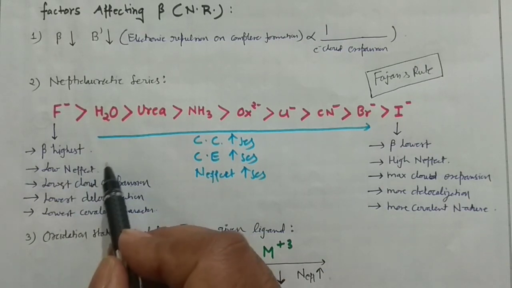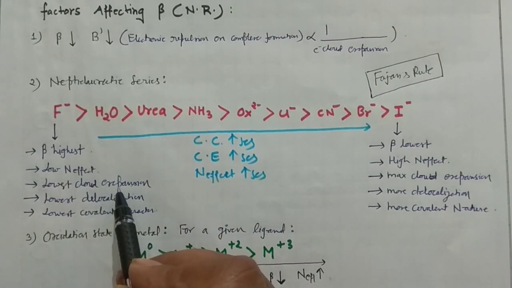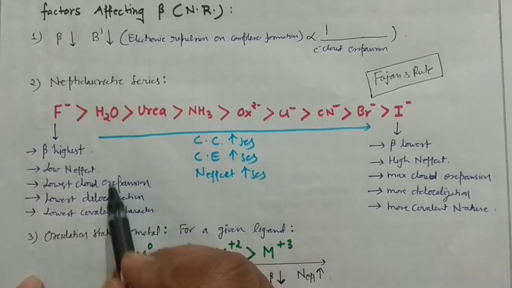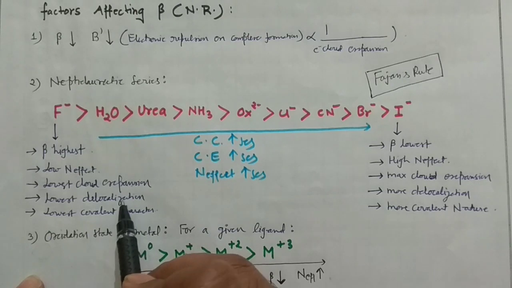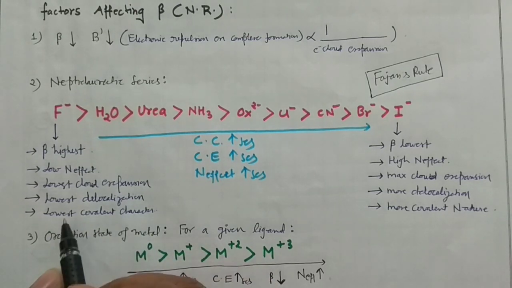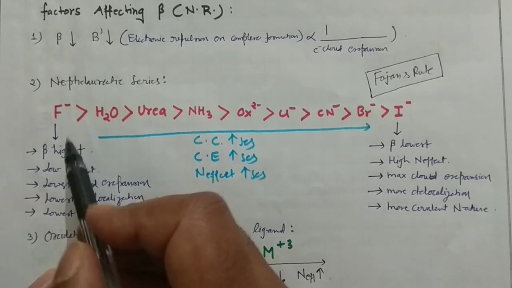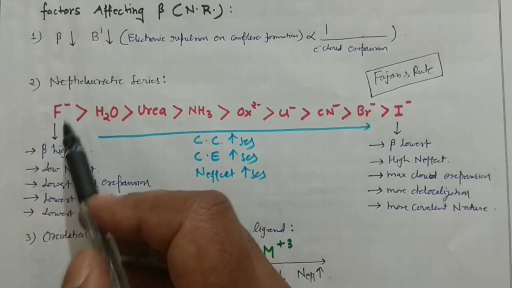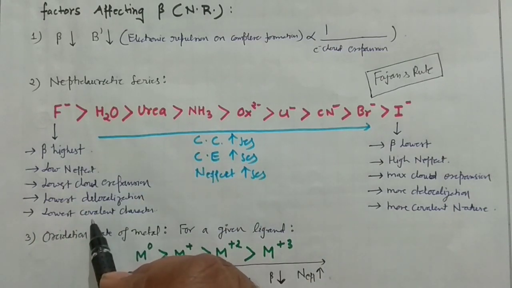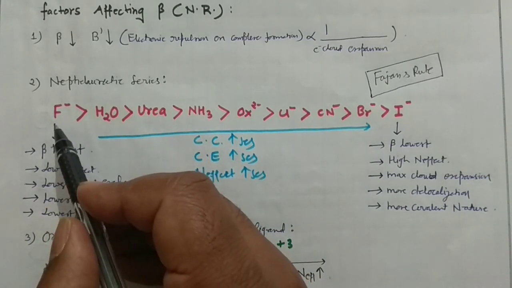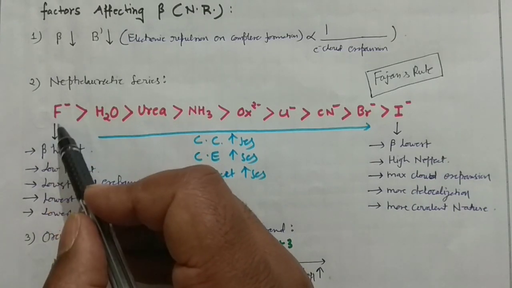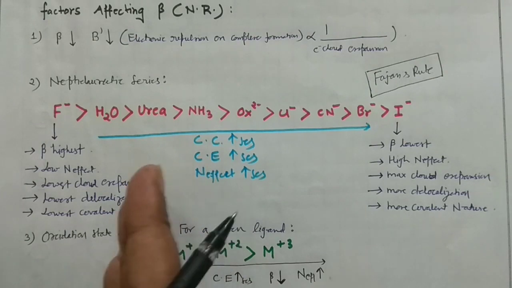When the nephelauxetic effect is low, that means electron cloud expansion would not occur. Lowest cloud expansion would happen in that case. When expansion does not occur, there is no delocalization of the electron. And when there is no delocalization of the electron, that means lowest covalent character. If a particular metal forms a complex with this ligand, then of course it will have very low covalent character. It would be predominantly ionic in nature. Okay, and there would be no nephelauxetic effect, right? So this is the left end.